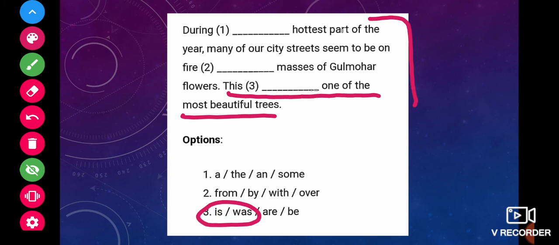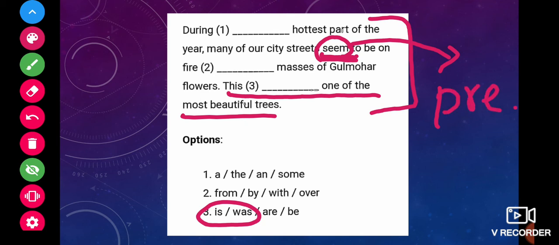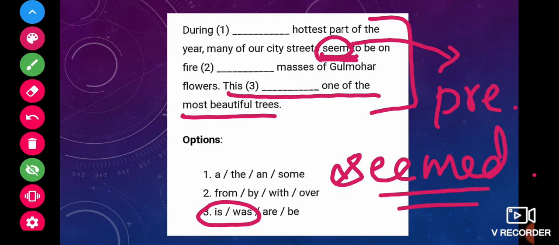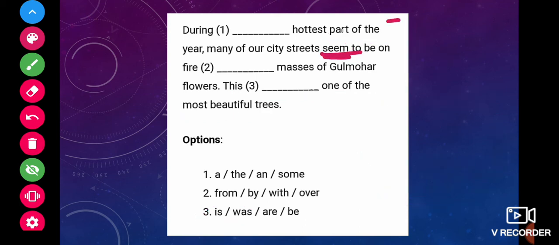So let us look at the other sentences of the paragraph to know if the paragraph is in present tense or past tense. If you look at this verb seem, seem is present tense. The past tense of seem is seemed. So as this paragraph is in present tense and the subject is singular, we will use is, which is singular and in present tense.